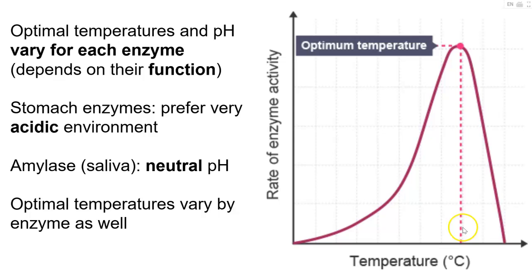And let's say this is temperature, but the optimal temperatures vary by enzyme as well. And what we're going to see for these optimums is where they function the best, right? The rate of enzyme activity. Sometimes we can have indicators, we can see what's being produced, and we say, oh, this enzyme is very active. But just because this is the optimum doesn't mean that it's not able to act a little bit beyond that.